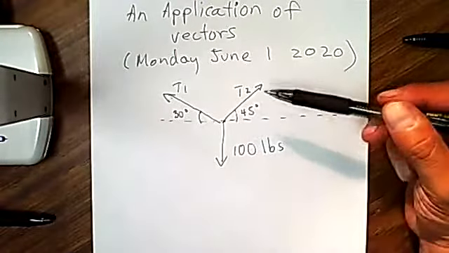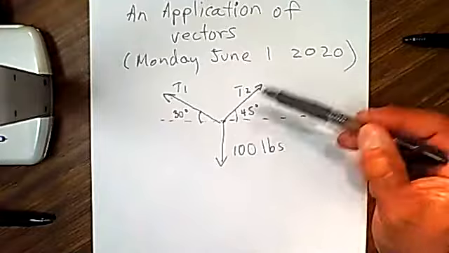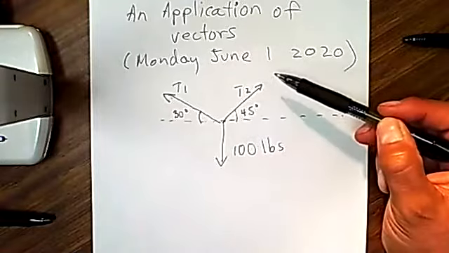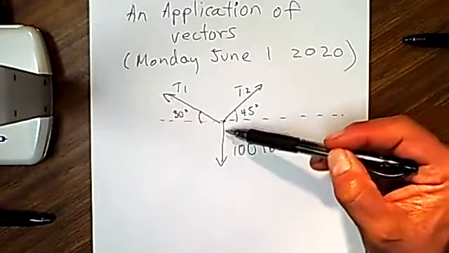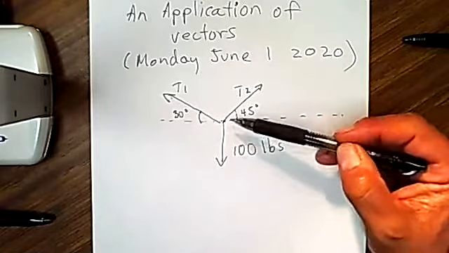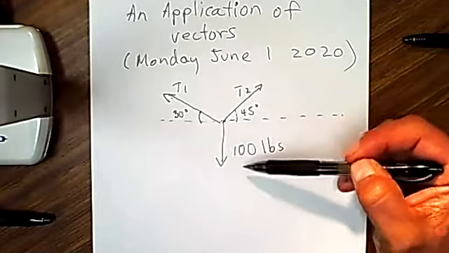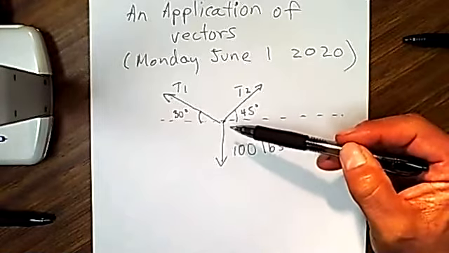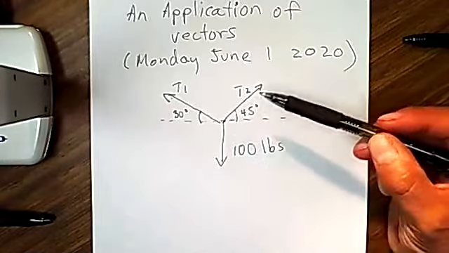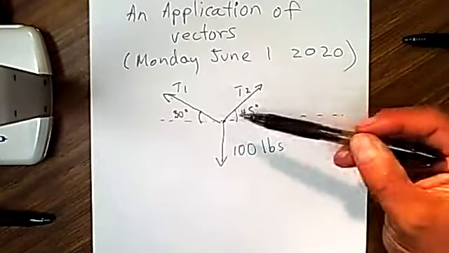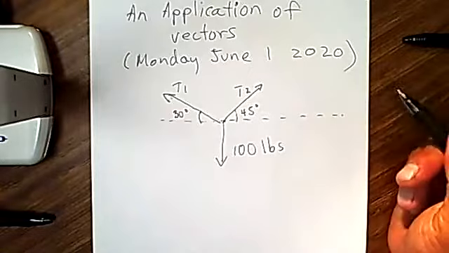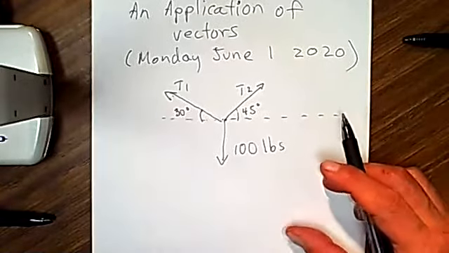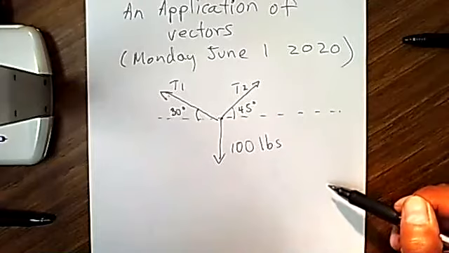It is important to realize in this example that the length of the cables is irrelevant as far as the 100 pounds go. Of course, if you have a lot of cable, then you are adding weight to the 100 pounds. So it is not 100% irrelevant. We're assuming the cables are weightless. Otherwise, we have to take into account the weight of the cables themselves, or the rope or chain or whatever we're using.